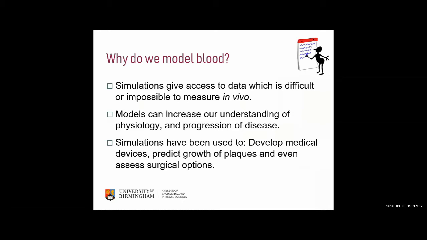But why we model blood in general is mostly because simulations can tell you things that you would never be able to see in a patient if they came into a hospital, because the scans and measurements that you could take of a person might tell you the velocity in some places.